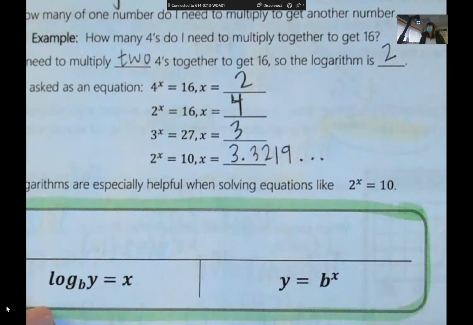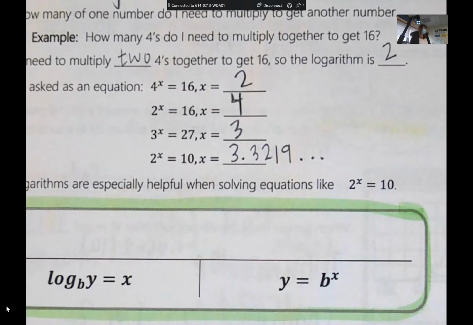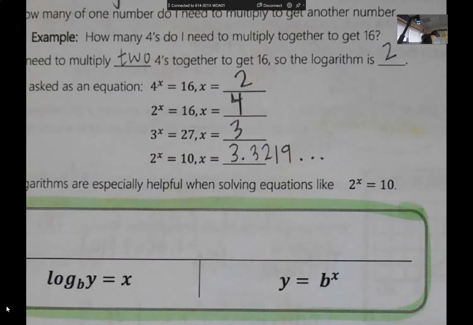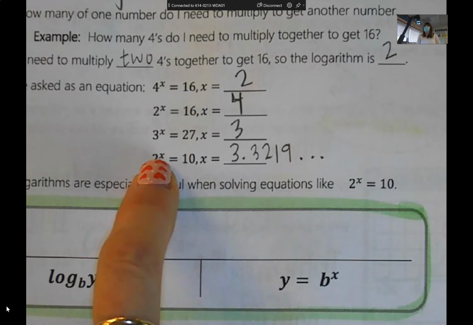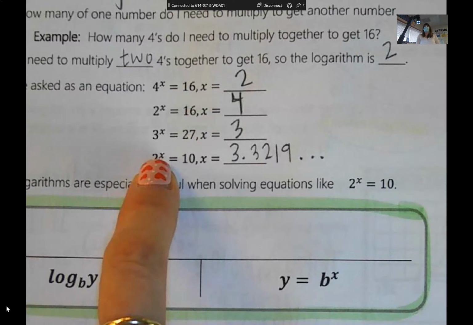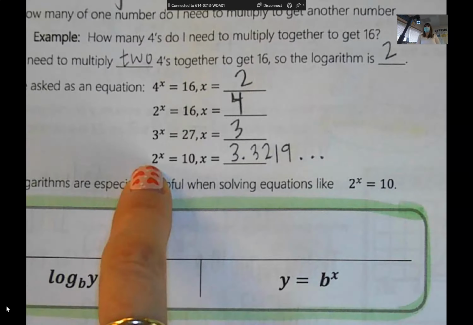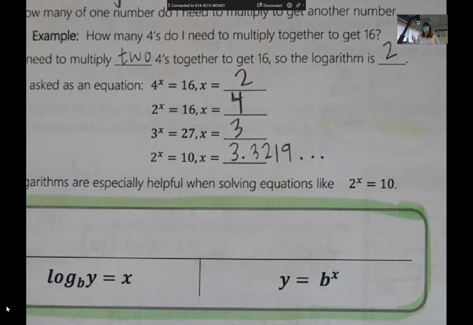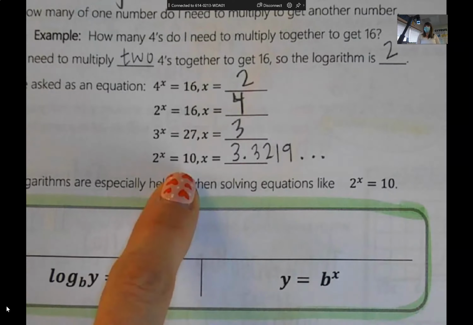It's a big old long, ugly, irrational number. So logarithms make it so that we can actually figure out what this x is. We could actually figure out how many times do I multiply 2 by itself to get 10.